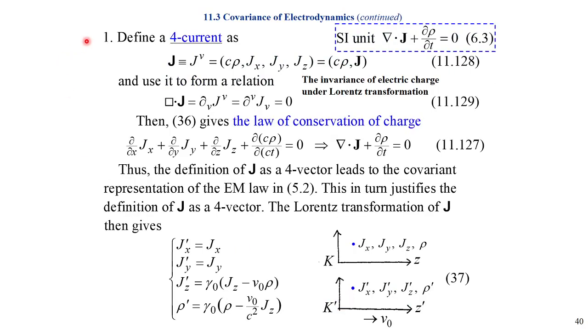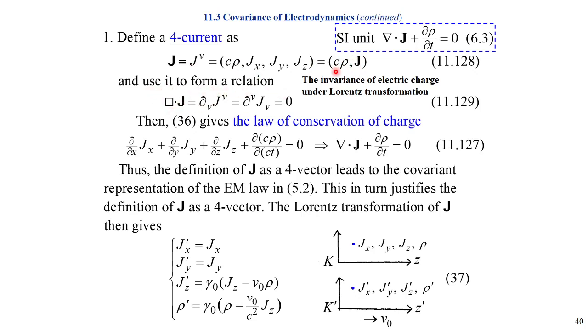Okay, 1. Let's define a 4-current in this form: J^μ = (cρ, Jx, Jy, Jz). In short, (cρ, J). c is the speed of light, ρ is the charge density, and this is a contravariant vector. We use it to form the relations.